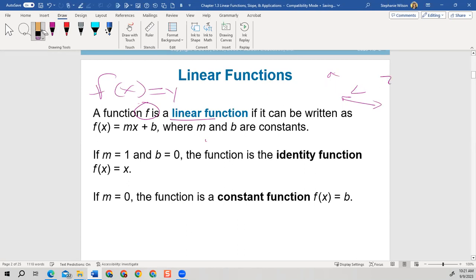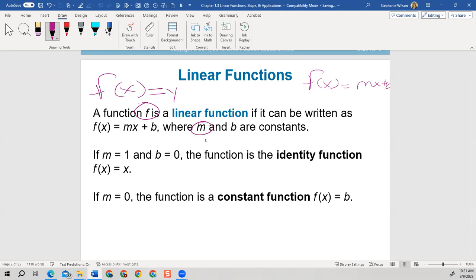In this case, it's telling us if the function is written in the format of f of x is equal to mx plus b, we know it's a linear function.